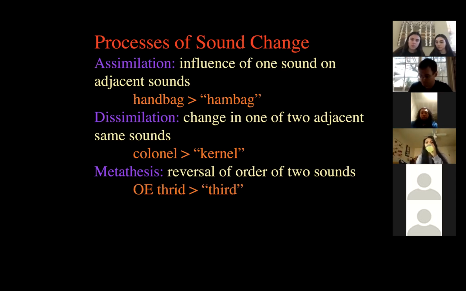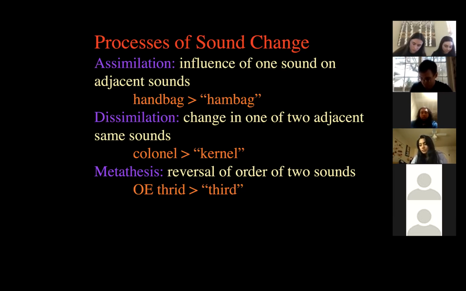Okay, so we know this happens actually in the history of English because the word third, as in the ordinal number, first, second, and third, originally in Old English, it comes from the word three, right? But the original ordinal number was thrid. I went first, second, and thrid. And so with third, what happens?